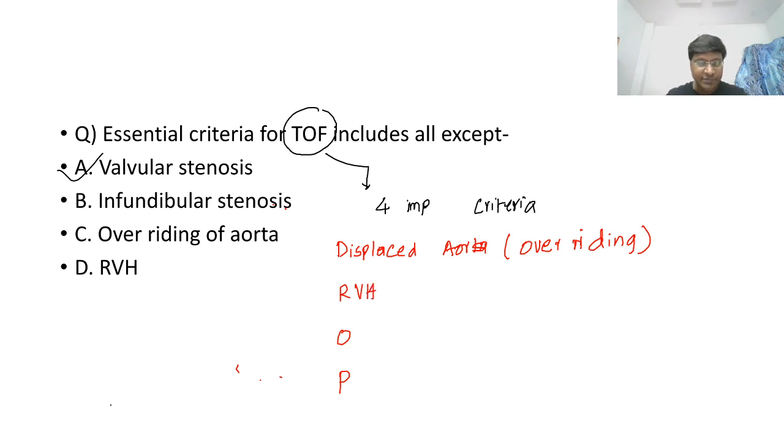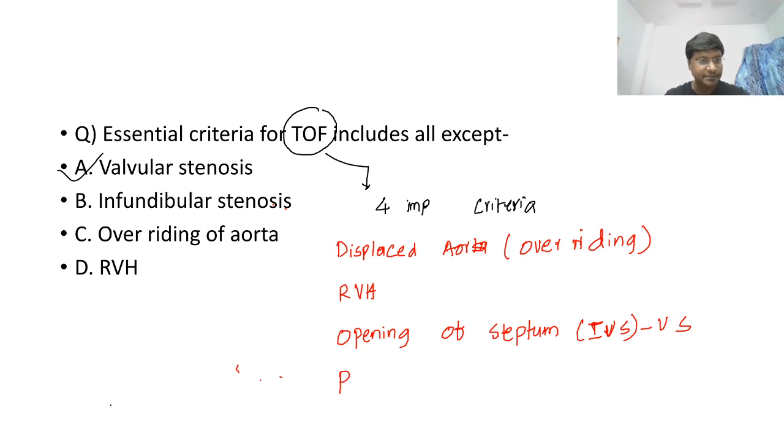And you take the letter O, opening of septum. Which septum is open? It is the interventricular septum which is open. What is that? That is nothing but your VSD.